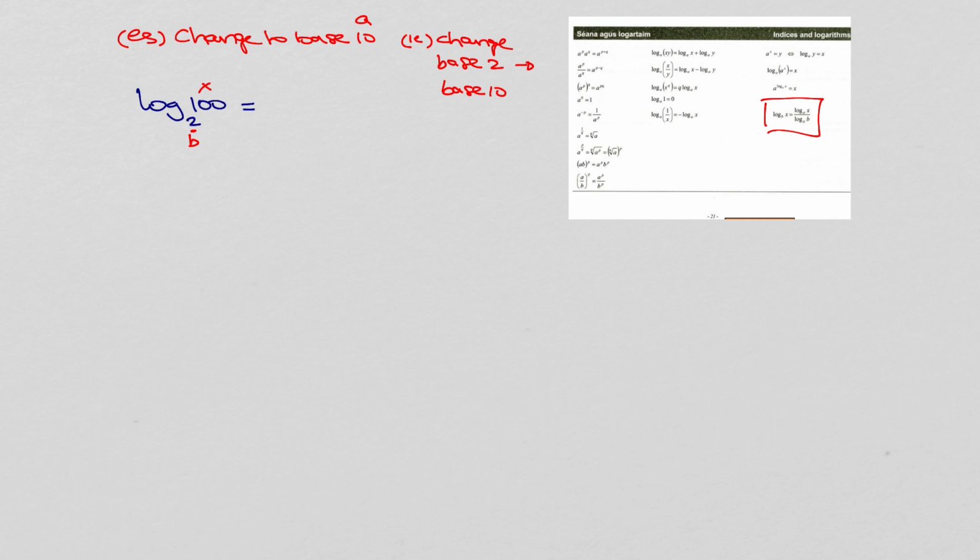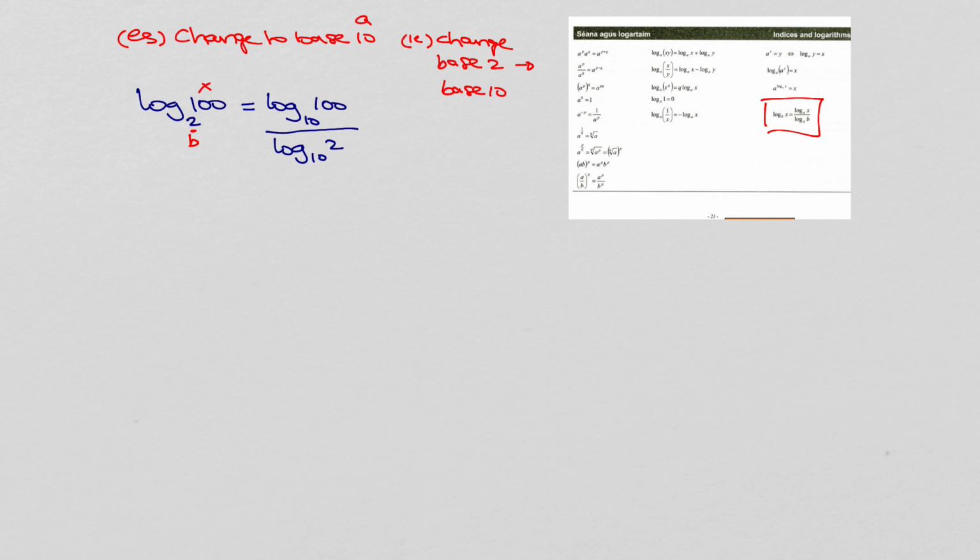So that's going to be then log 100 to the base 2 is equal to log x, which is 100, to the base A, which is the new base, 10, over log B, which is the old base, to the new base A, which again is 10. Now, obviously, we can put all of this into our calculator, but just for this example, we're just looking at how do we use and apply the formula.